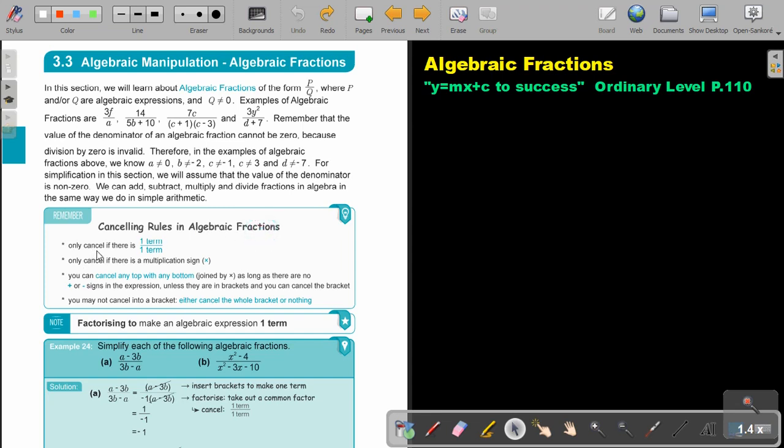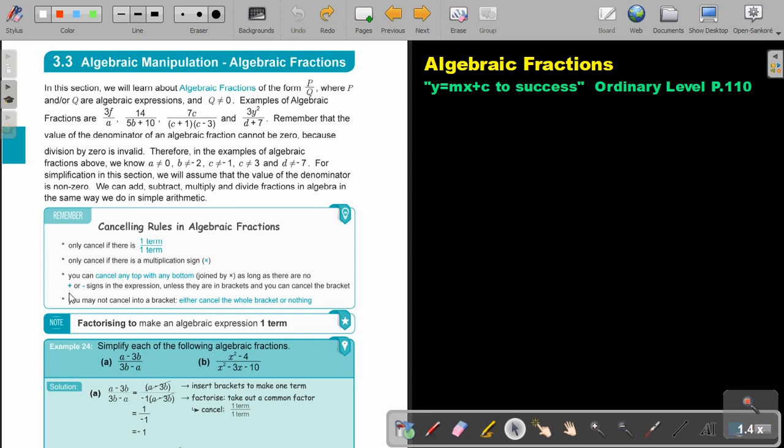We can only cancel if there is one term over one term. We can only cancel if there's a multiplication sign between the brackets, or between the terms on top or bottom. You cannot cancel any top with any bottom joined by a multiply as long as there are no plus.